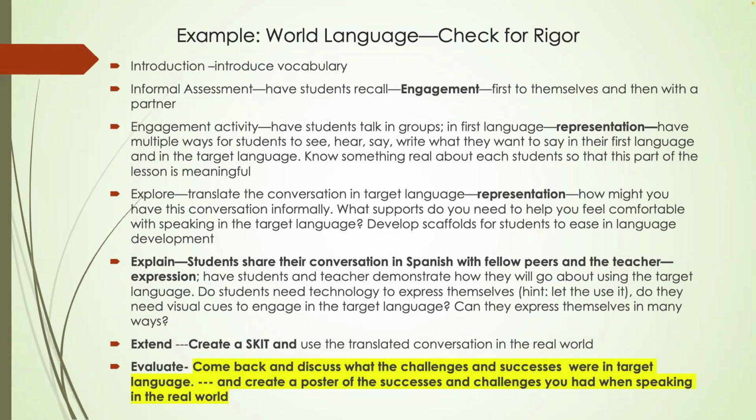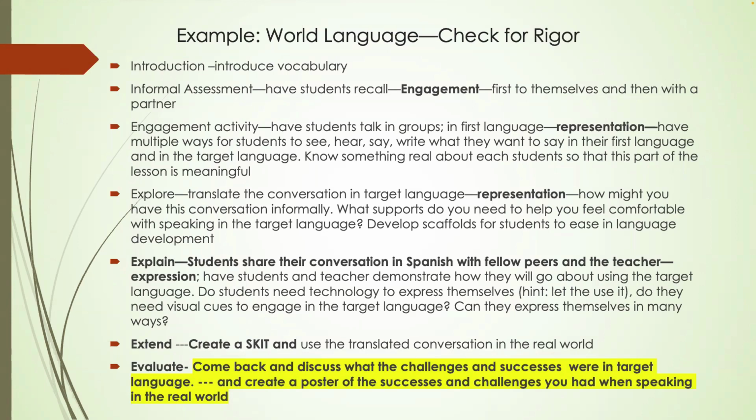So what I took the liberty of doing was taking our last slide from our previous lesson, the world language, where we were checking for rigor. And so just to recap, this was the example that was used. What we were doing was planning out and using a lesson cycle. And this particular example has the 5 E's.